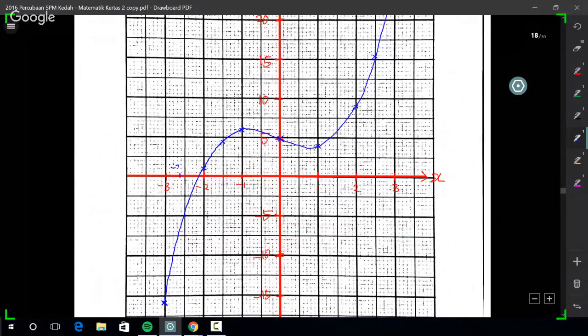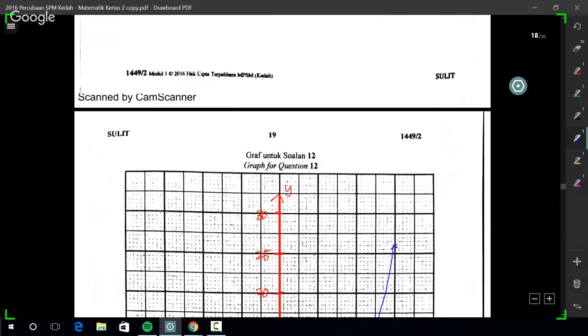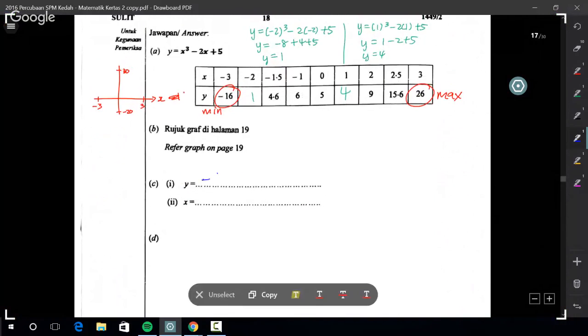From here I will go down until I touch the line. I will touch this one somewhere here, and then I will move across to my y-axis to get my value. This one actually is negative 6. My y is negative 6.